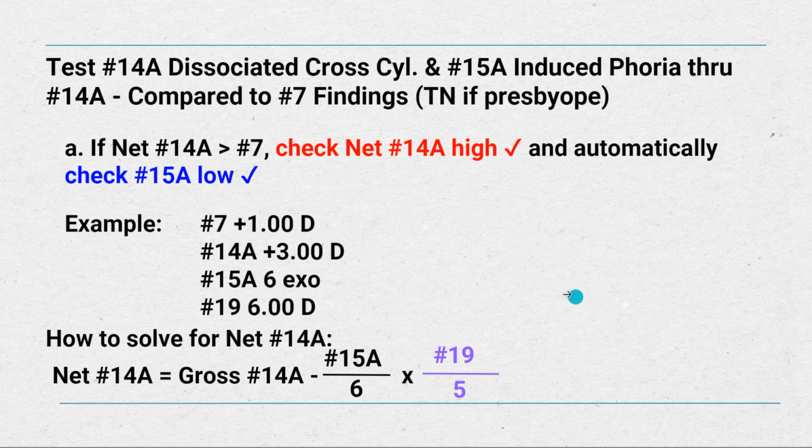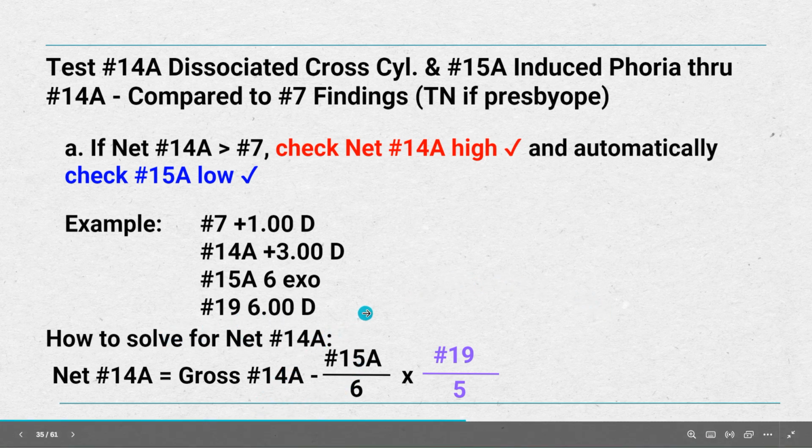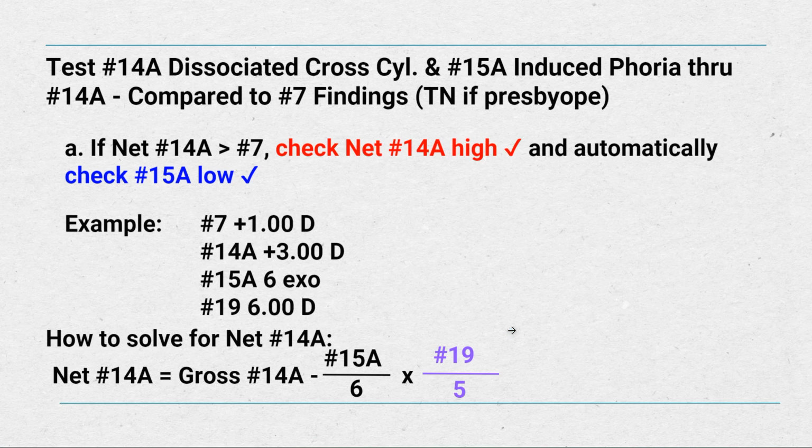The formula for net number 14a is equal to gross number 14a minus 15a over 6 times 19 over 5, if our number 19 finding is less than 5 diodes. Okay?